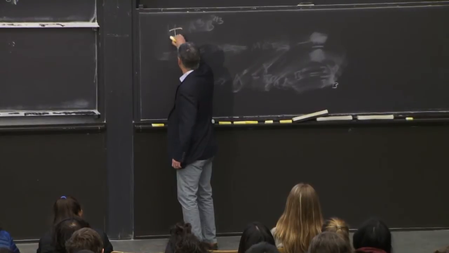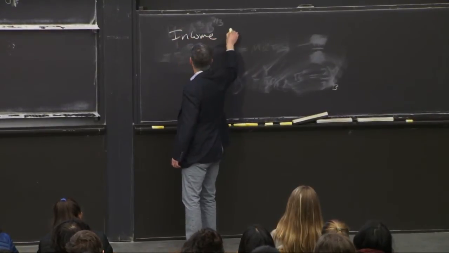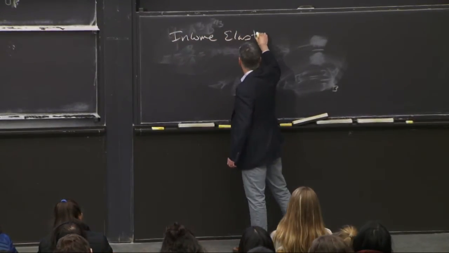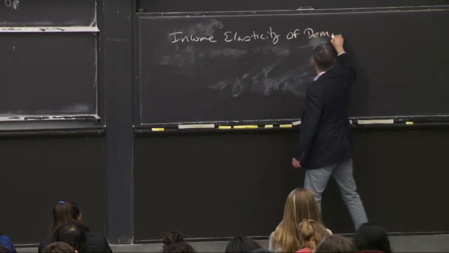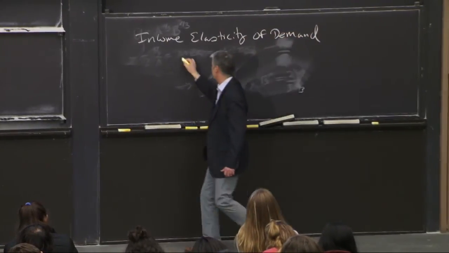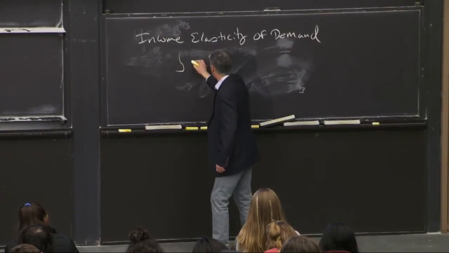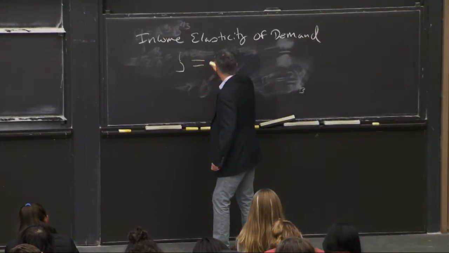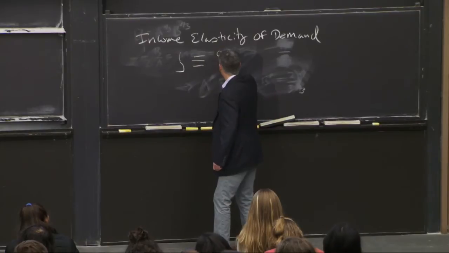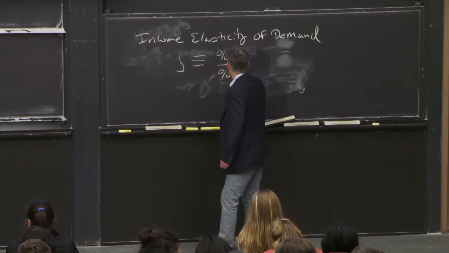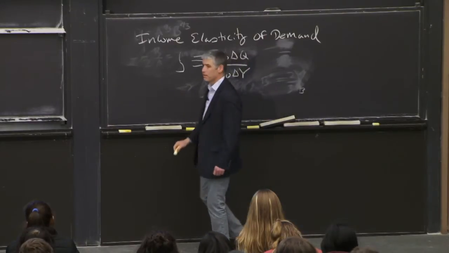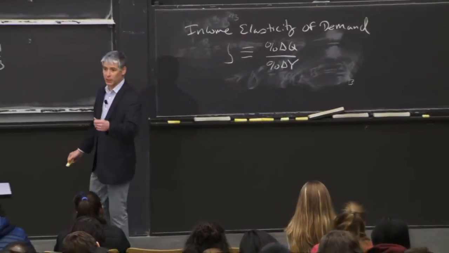The income elasticity of demand, xi, is defined to be the percentage change in quantity over the percentage change in income. It's how does my quantity respond to changes in income?